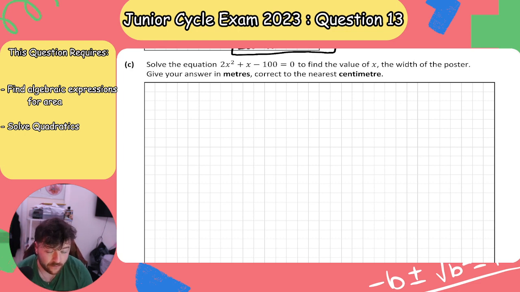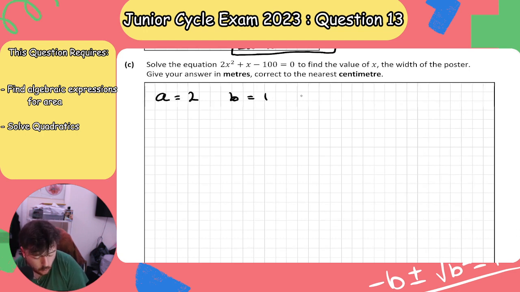So you can use your minus-b formula. I would say maybe do use your minus-b formula because this correct to the nearest centimeter business is telling me it's not going to properly factorize. But we'll see anyway. I'm just going to use the minus-b formula. So a is going to equal 2, b is going to equal 1, c is going to equal minus 100.